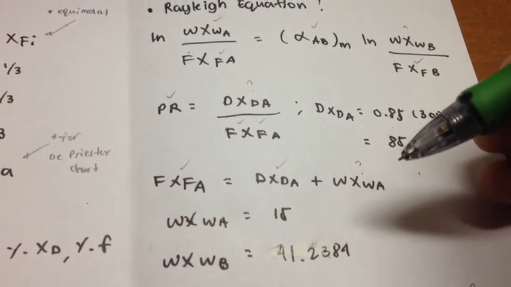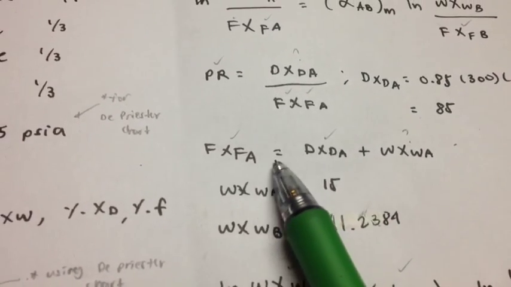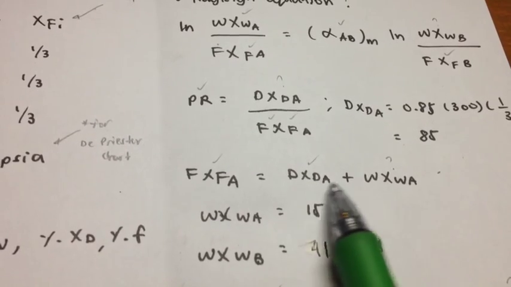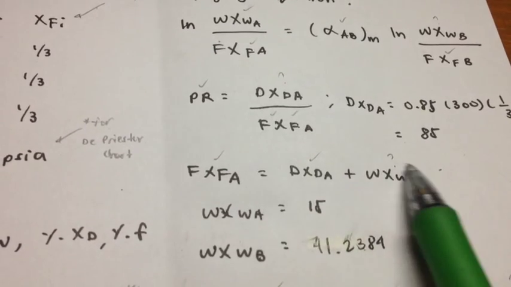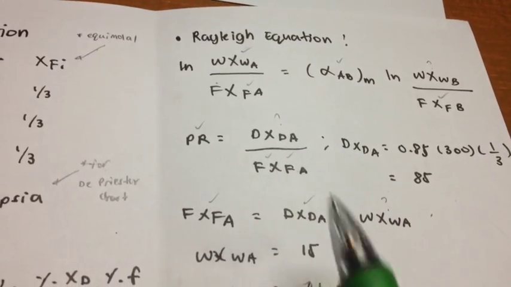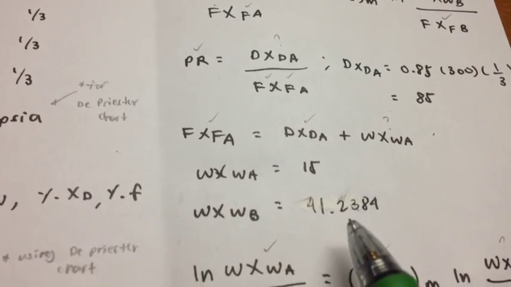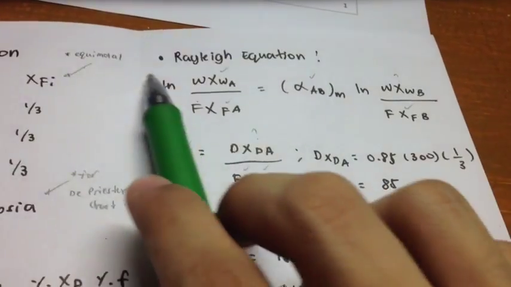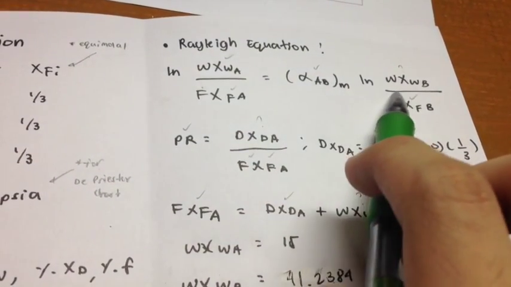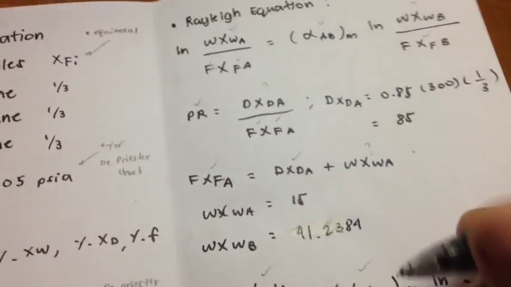Then we substitute it in the equation. FxFA is equal to DxDA plus WxWA; this is the material balance. We have values for DxDA and FxFA, and we don't know WxWA, which we will use in the Rayleigh equation. We obtain a value of 15. Once we get WxWA, we can use everything in the equation to obtain the unknown WxWB.